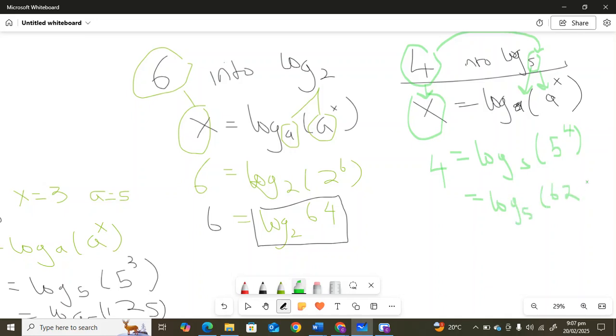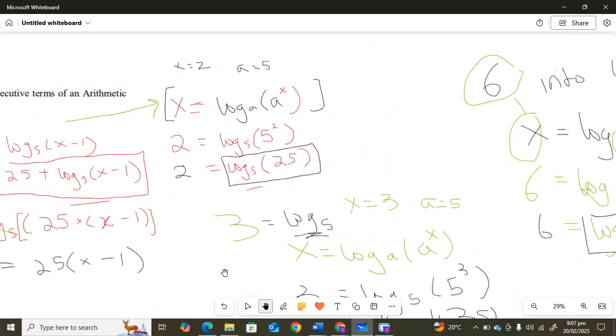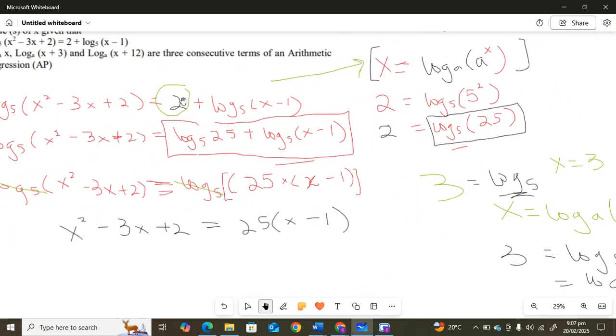Okay, colleagues, that's how you convert a number into log form. And that is how we have done with this 2 here, to make it into log 5 25. That's what we did.